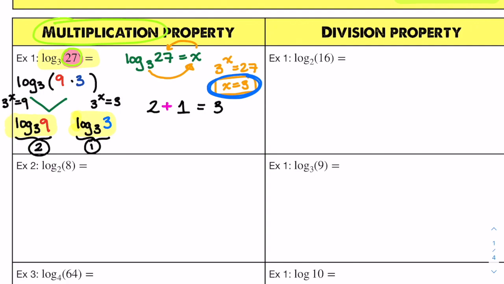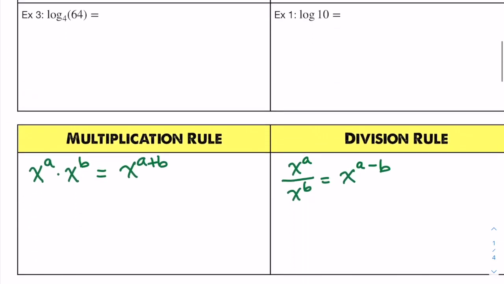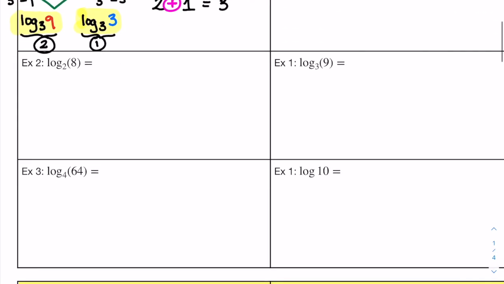So I hope you're seeing that we can split a log into 2 smaller logs and still end up with the same answer as long as we add. I'm trying to show you that we already knew it was going to be addition because we knew the rule for the exponents, which said when we have multiplication inside, it turns to addition. So same idea here.